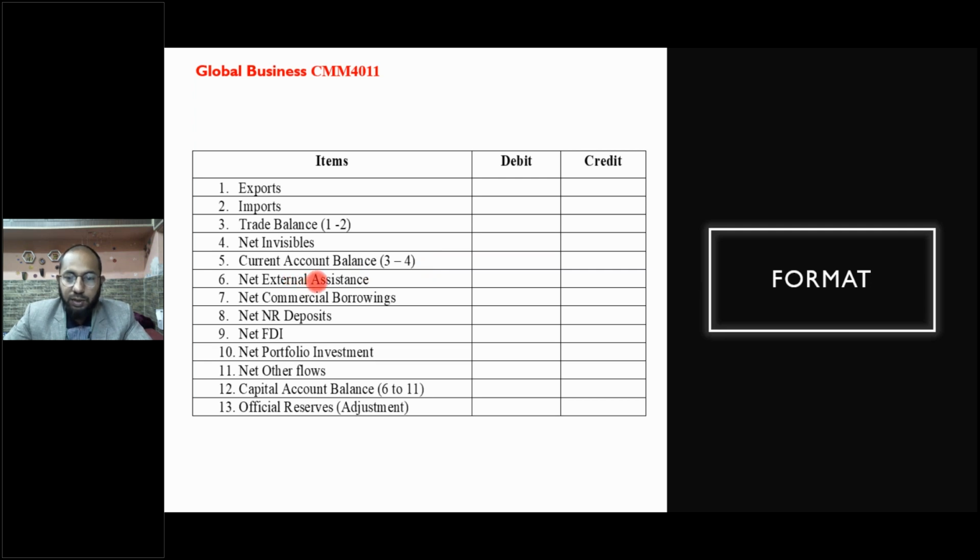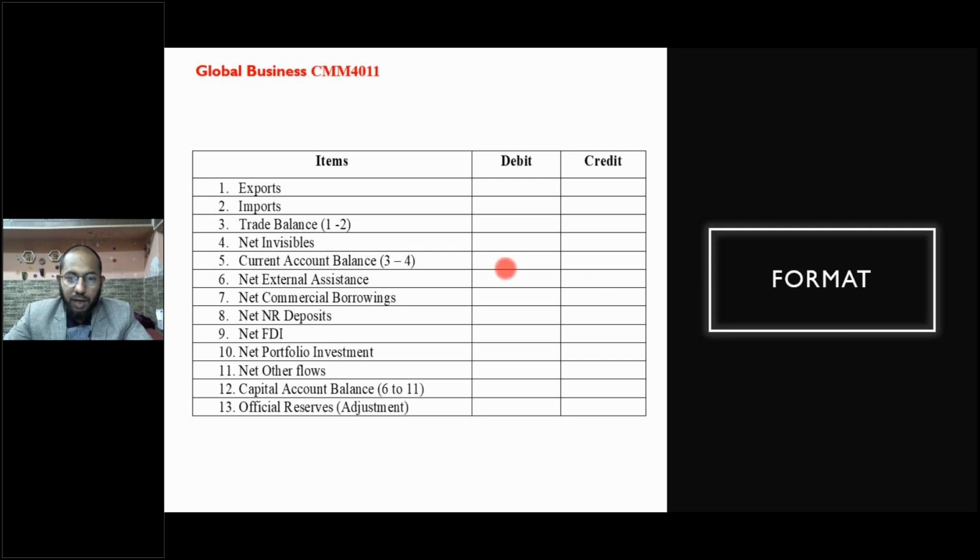The net external assistance. External assistance is, for example, what the IMF is giving a particular country. Suppose the IMF is giving a 2.2 billion loan to India. Then this will be under external assistance, and because we are receiving it, it will be mentioned on the credit side.